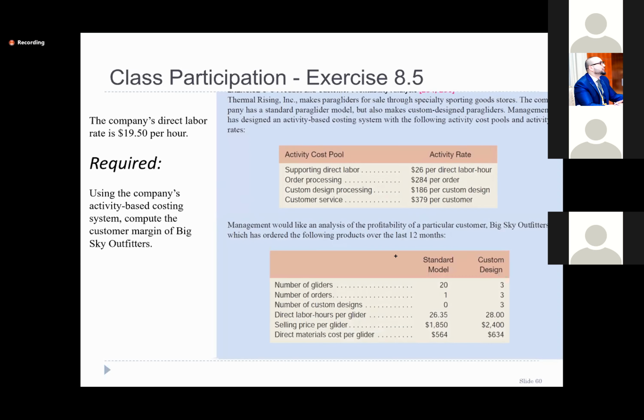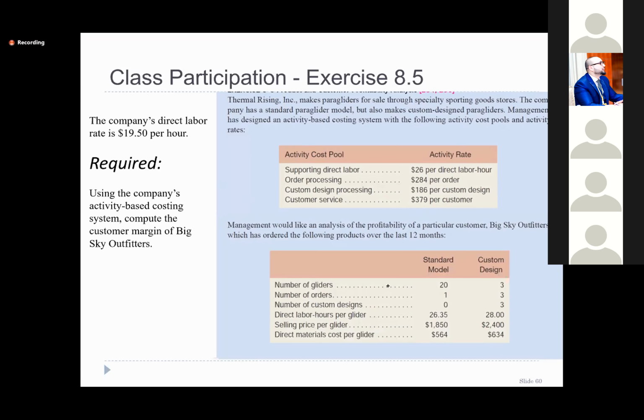Okay, read the question and then we'll try to do that. We are already given the sale price, right? Yes, in the second table you are given the sale price and also the quantity. Number of gliders 20, and selling price of the glider is 1850. Custom design is 2400 and orders are 3.